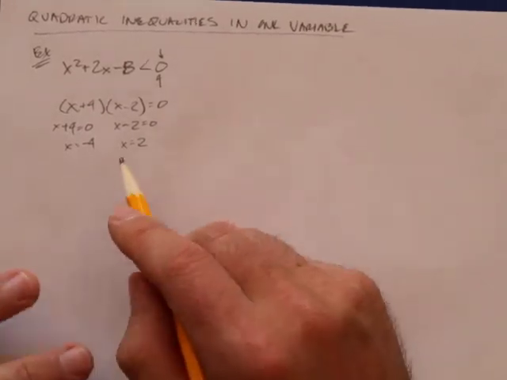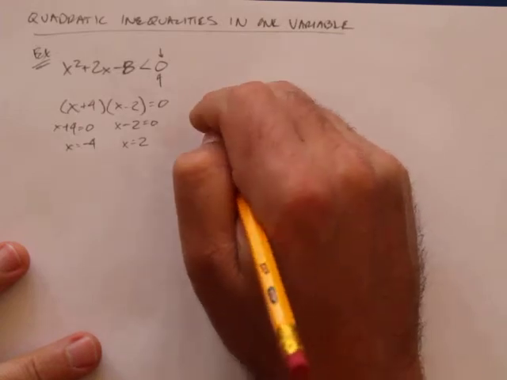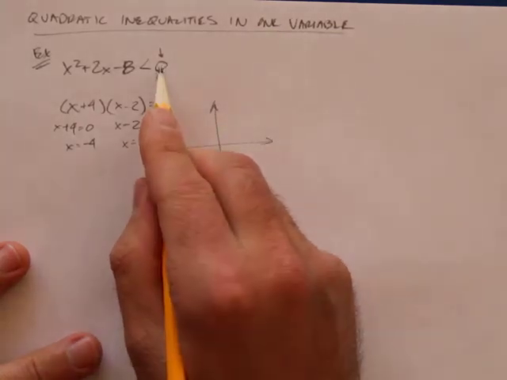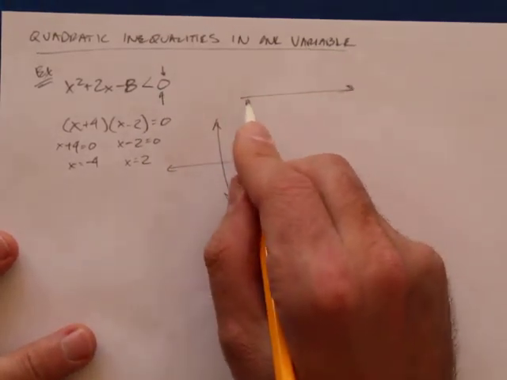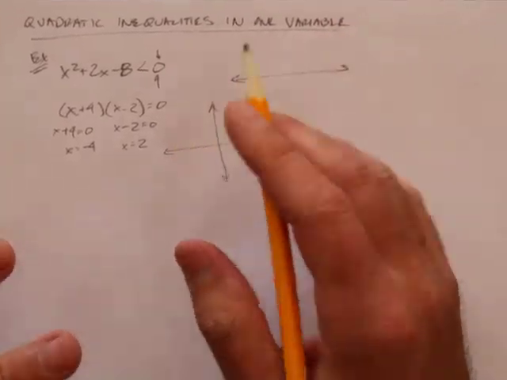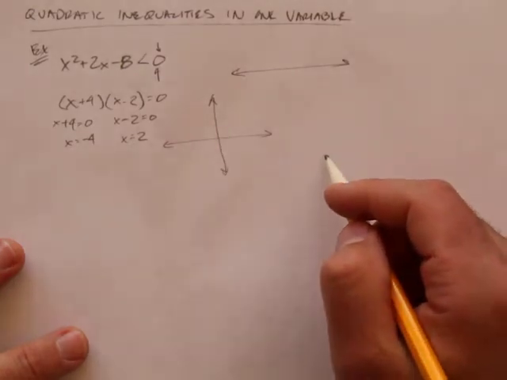Okay, now if I was going to graph this as a parabola, notice I would be wrong, because I don't have a y value. I only have x, so it's going to be a number line is the way we're going to graph this. But just for the sake of Mr. V showing you what we're talking about here, let me graph this as a parabola.